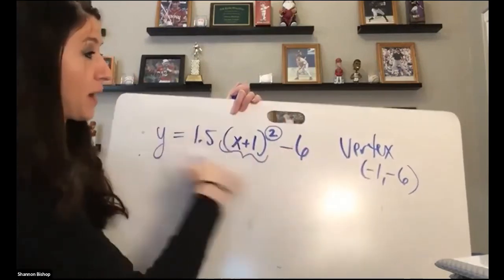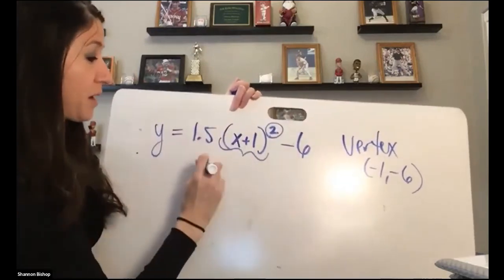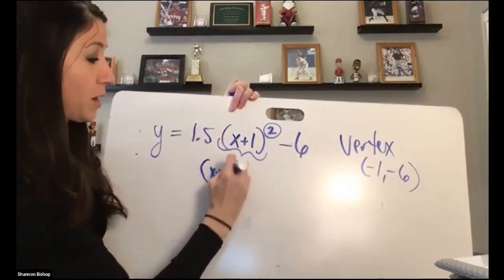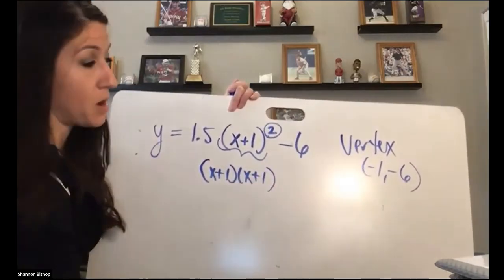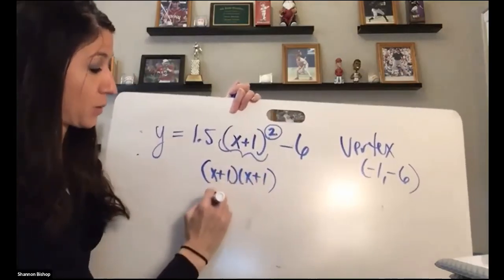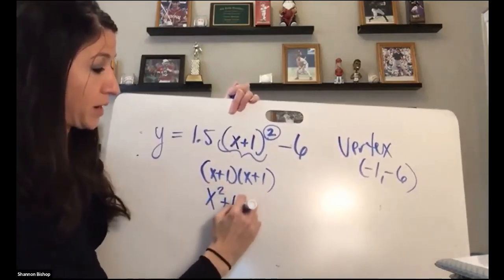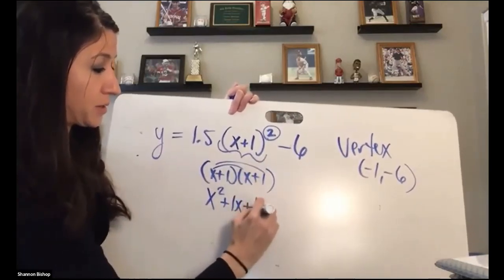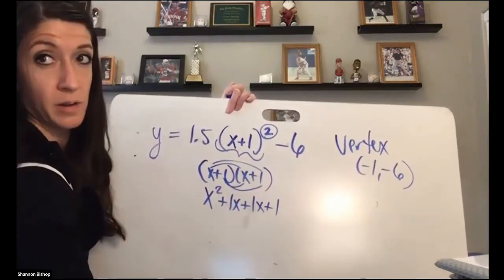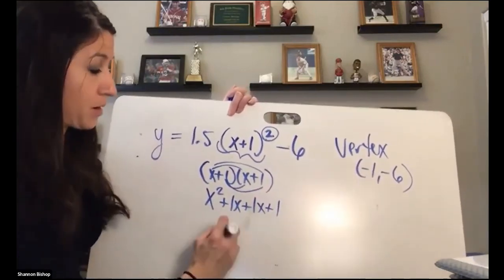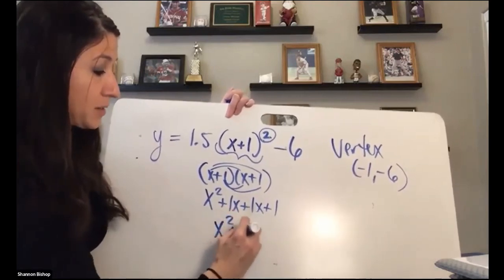So before you do anything else, you have to figure out what x plus 1 times itself is. So distribute that out, x squared plus 1x plus another x plus 1. So distribution, combine like terms, so you got 2 x's in the middle.